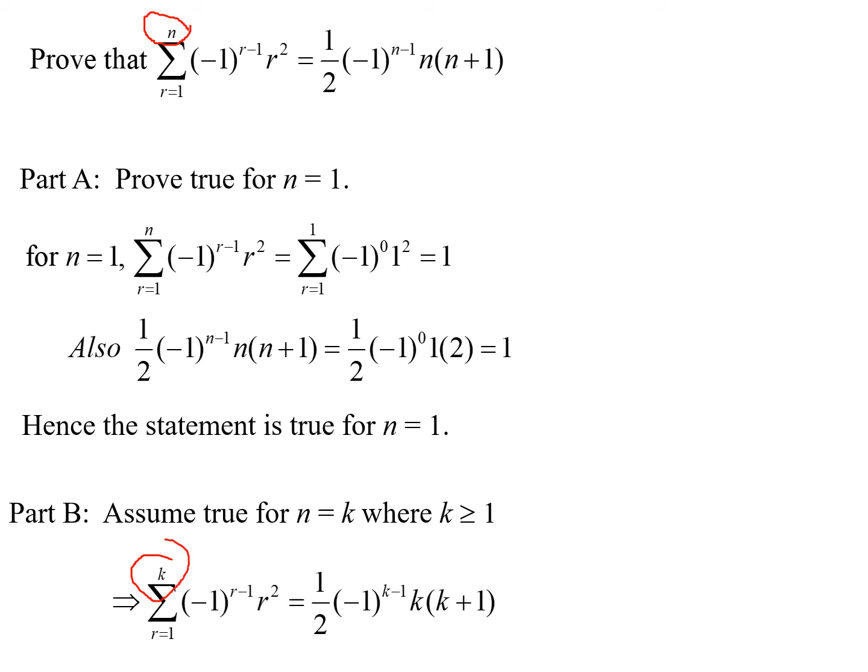Your notation has to be written accurately. And then you substitute your k into the right hand side, it becomes k plus 1 over here, as you can see. And this is an assumption. For the next step, you have to prove it is true for n equals k plus 1.